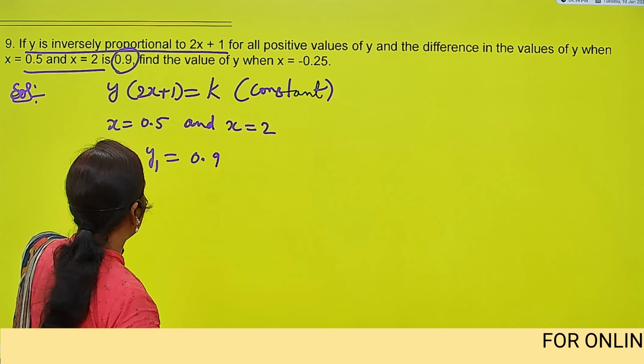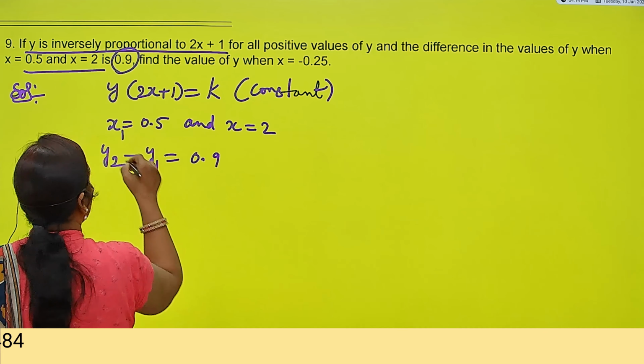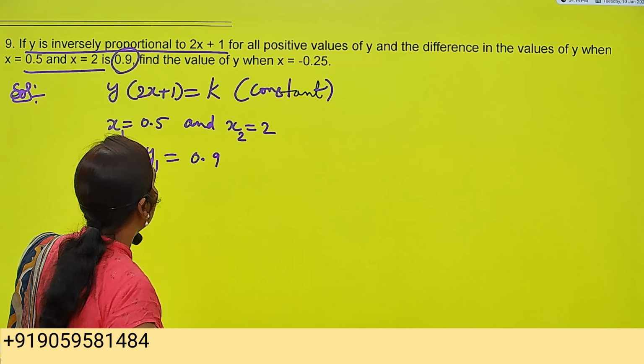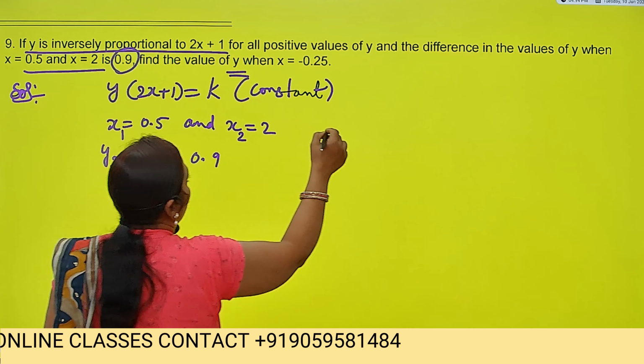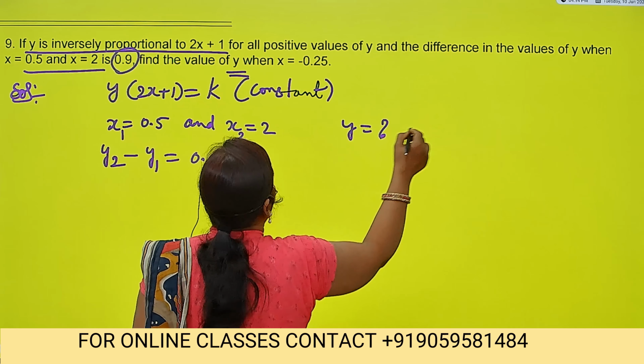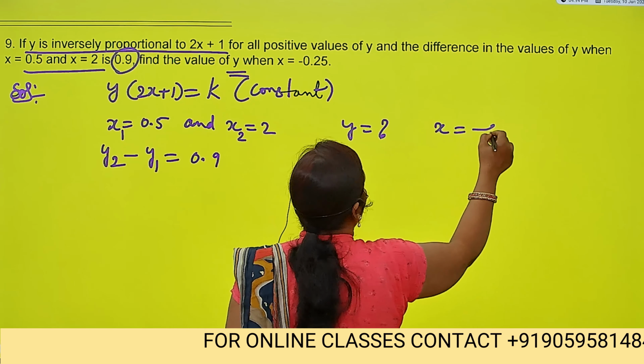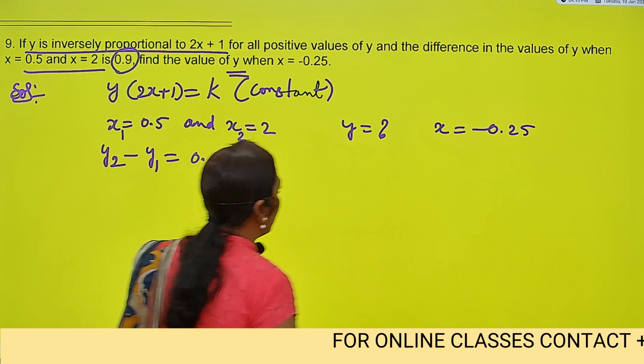The bigger is 2, so y2 minus y1, where x1 is 0.5 and x2 equal to 2. Find the value of k. Next, find the value of y when x equal to negative 0.25.